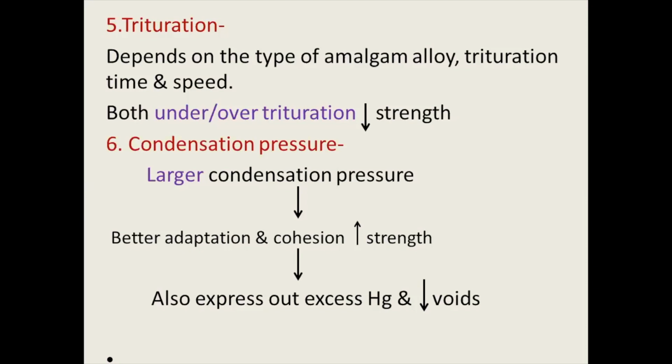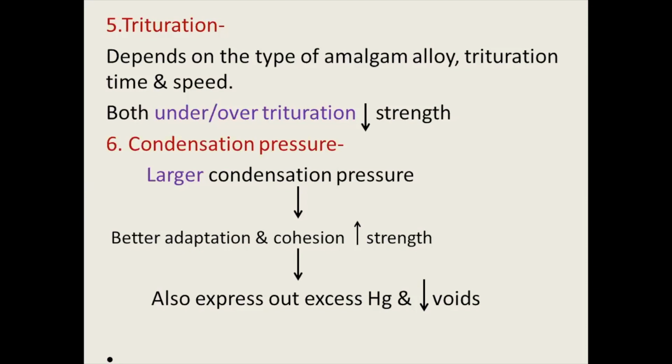Now the next factor is your condensation pressure. Larger condensation pressure will cause better adaptation of the restorative material. There will be good cohesion, and it will increase the strength. Larger condensation also expresses out the excess mercury, and because of this removal, there is a decrease in the formation of voids, which will ultimately result in higher strength.